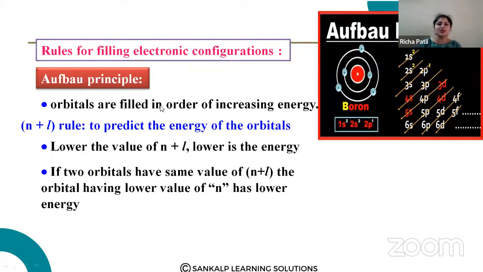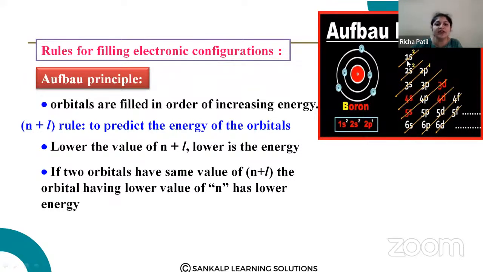So what are the rules for filling up the electronic configuration? The first rule is the Aufbau principle. What do you mean by the Aufbau principle? It is the filling up of electrons in order of their increasing energy. Now here you can see the diagram: 1s, 2s, 3s, 4s. These are the different energies of the orbitals.